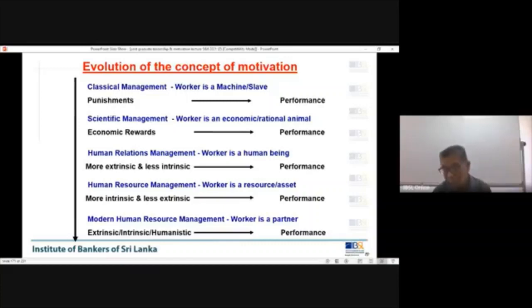Today these can improve your organization's performance because of these three triggers. These triggers, mind you, create persistence in employees' minds. So that's how motivation has evolved up to now.